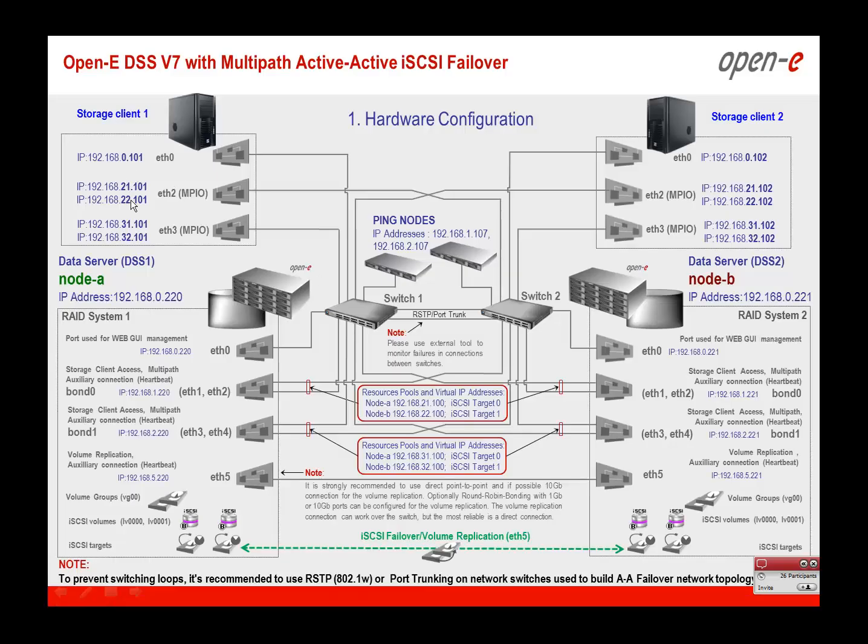Because 21 and 31 is the path which is accessing target 0, and 22, 32 is the multipath which is accessing the next target 1. That's the reason. So on the first Ethernet I have 21, 22, and on the second I have 31, 32.